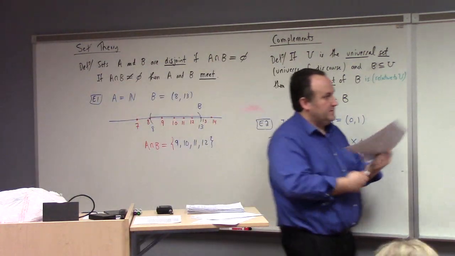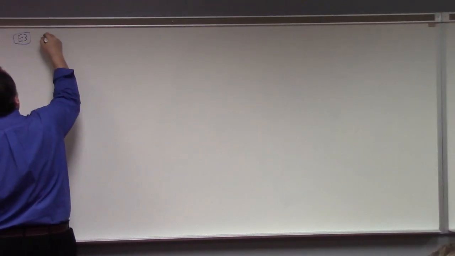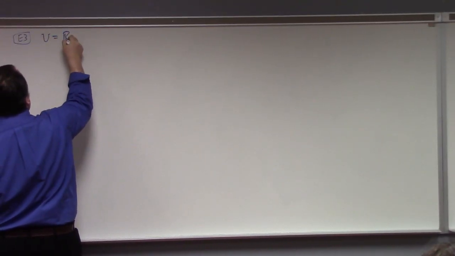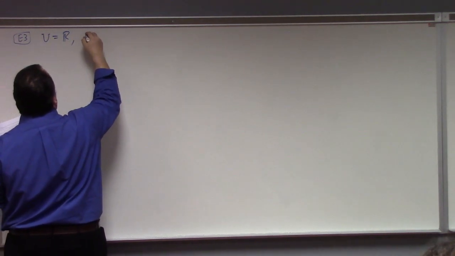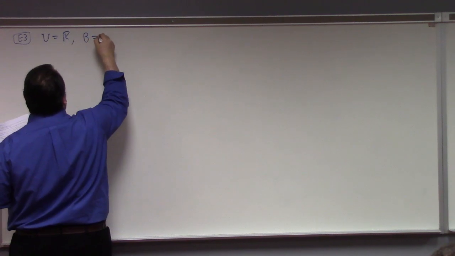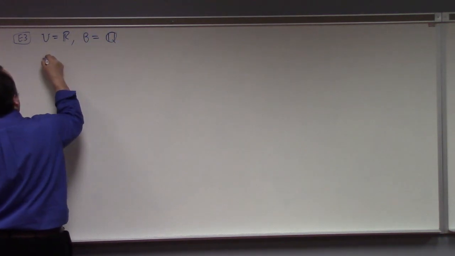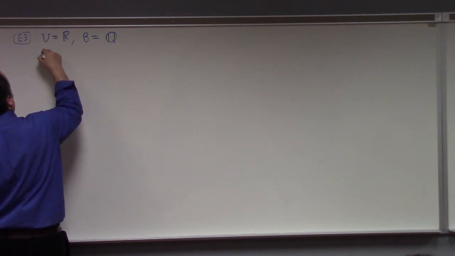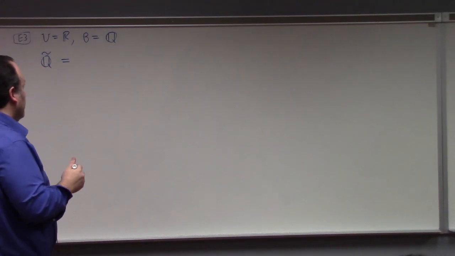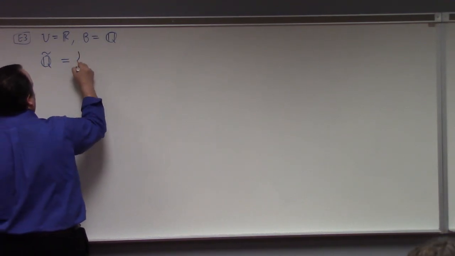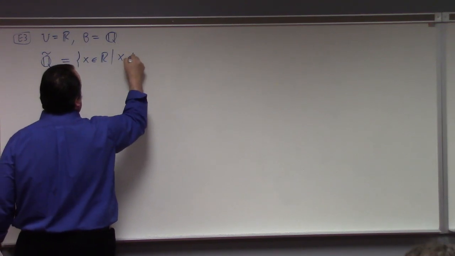Another good example: if we let the universe be the set of real numbers, and the set we're complementing be the rational numbers, what's the complement of the rationals in the reals? The irrationals, right. So this would be x in the reals such that x is not an element of the rationals.